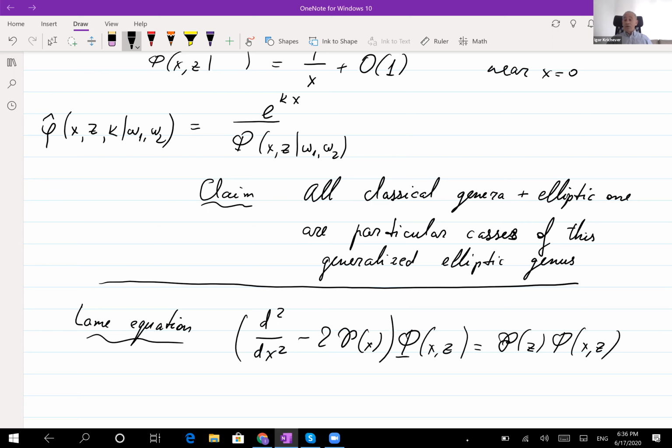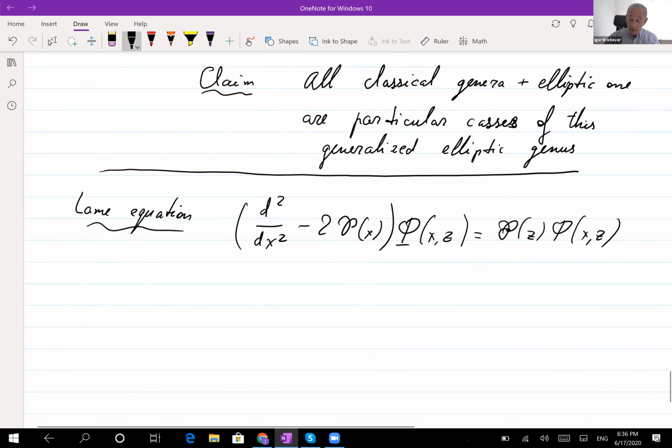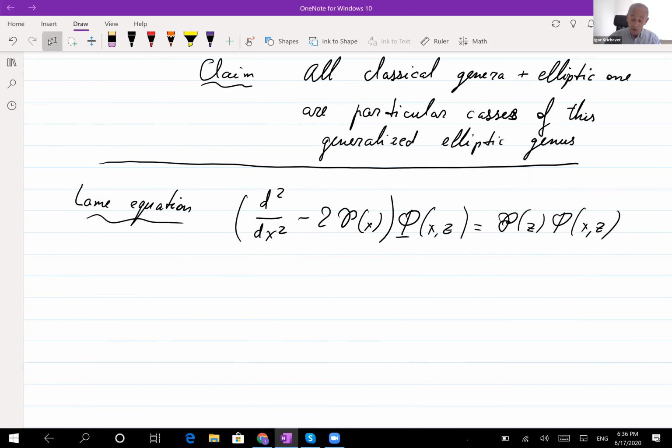And it satisfies a remarkable addition type relation, which underlies the use of this function in many things in the theory of the elliptic Calogero-Moser system, and in some other things. So there is an addition theorem.